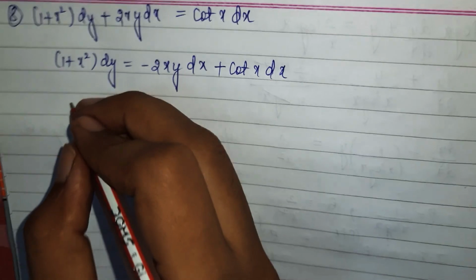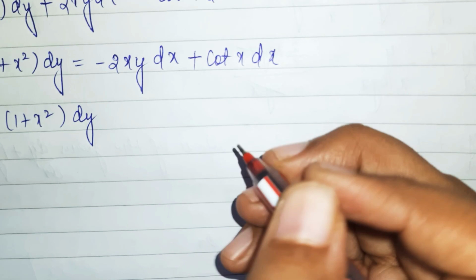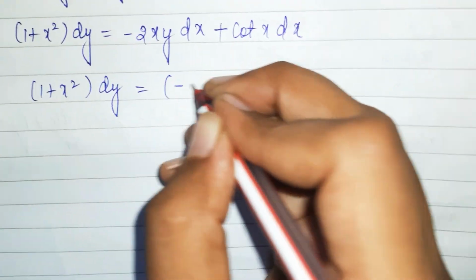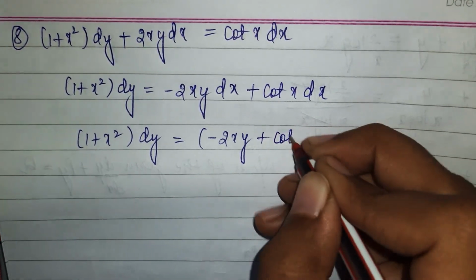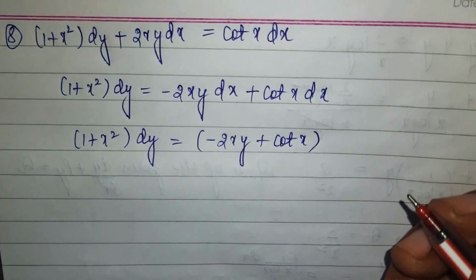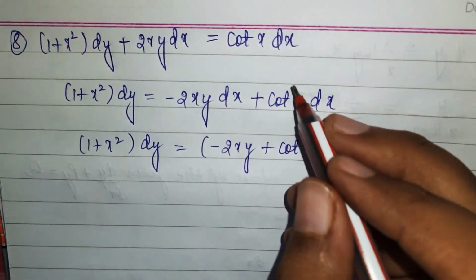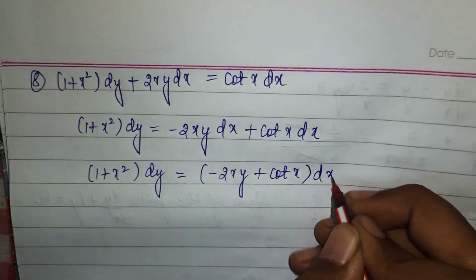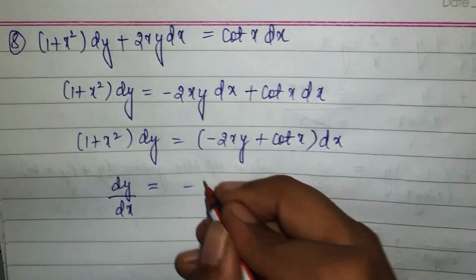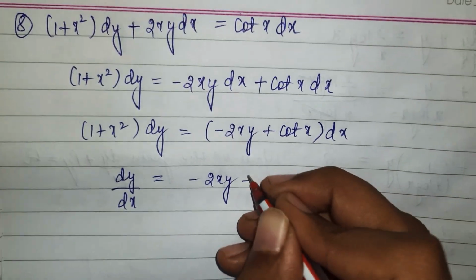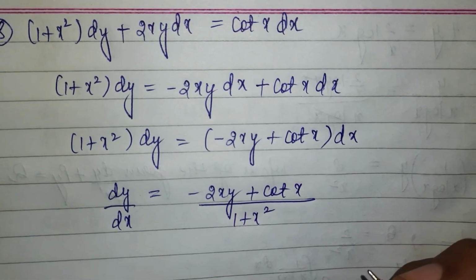So instead of that, I have written it like this. If I write dy by dx, it is basically minus 2xy plus cot x upon 1 plus x square.